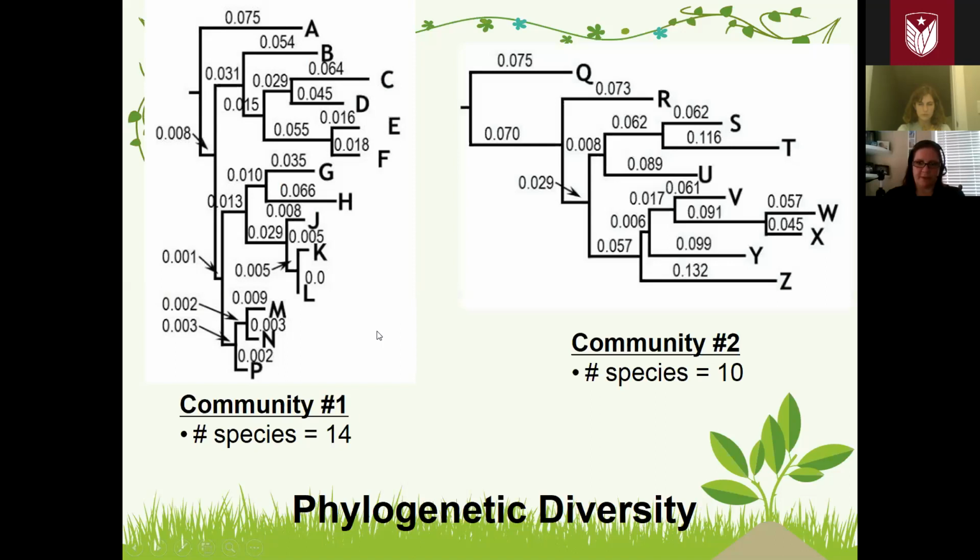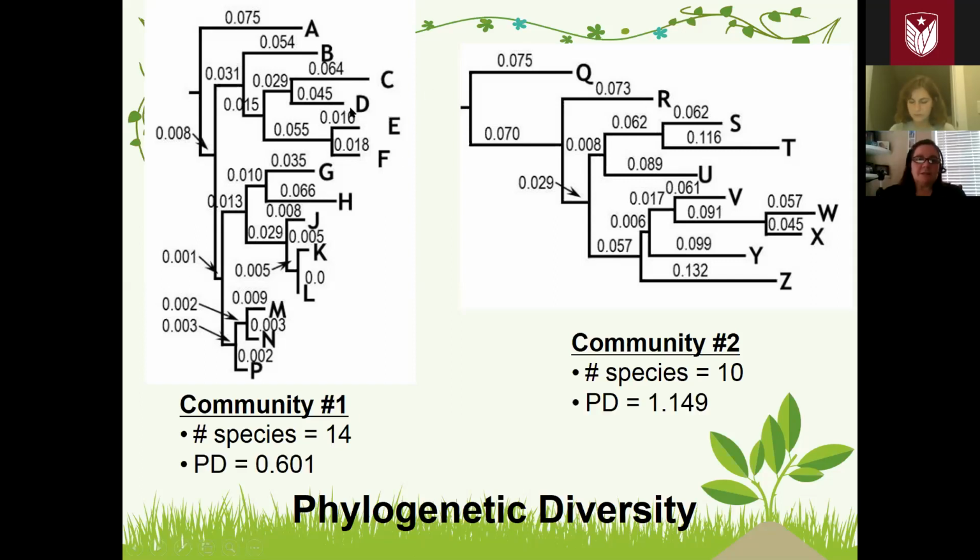Now, if we compare that to this community with only 10 species, you can tell just by looking at it that this phylogeny on the right has long branches going left and right, meaning there's a lot of genetic differences between the species in that community. So we add up all of these branch numbers, and phylogenetic diversity actually has about 20 different ways to assess that information in that tree, but the easiest one to think about is just to add them all up.